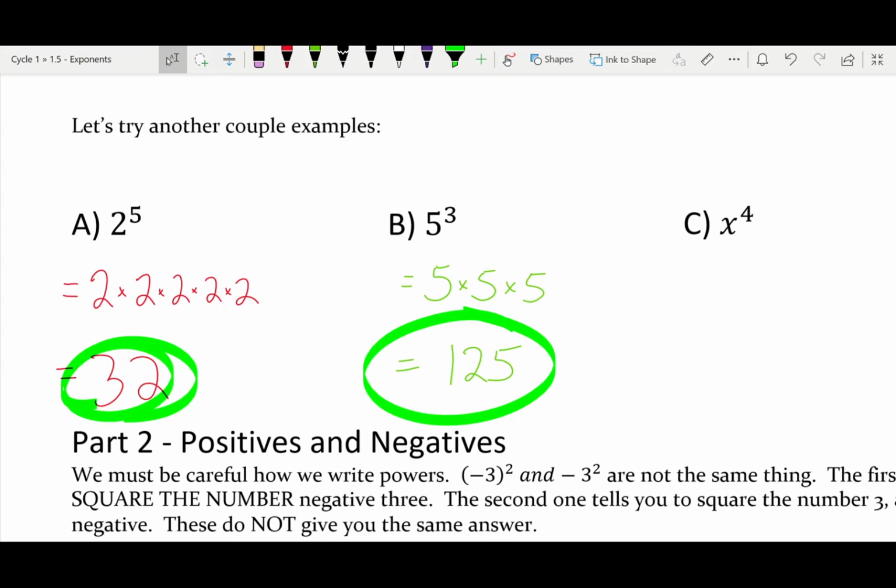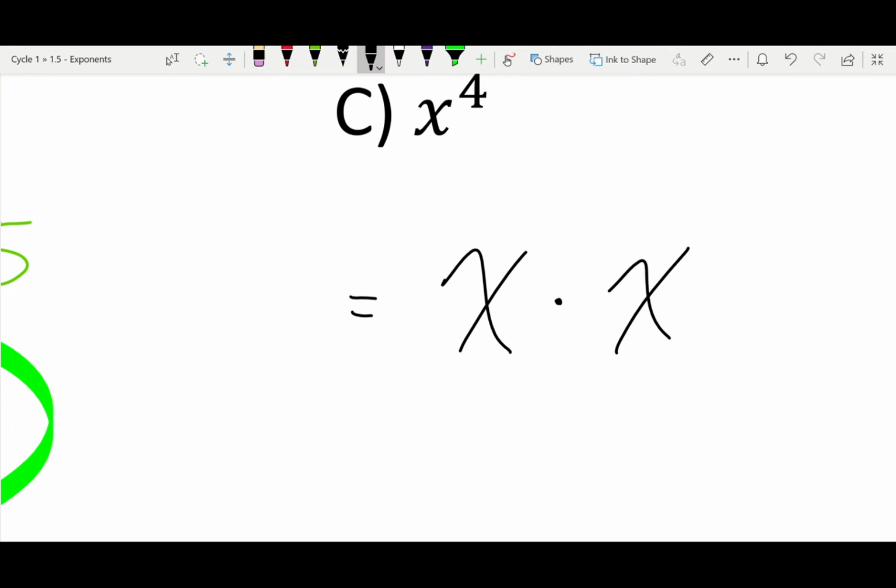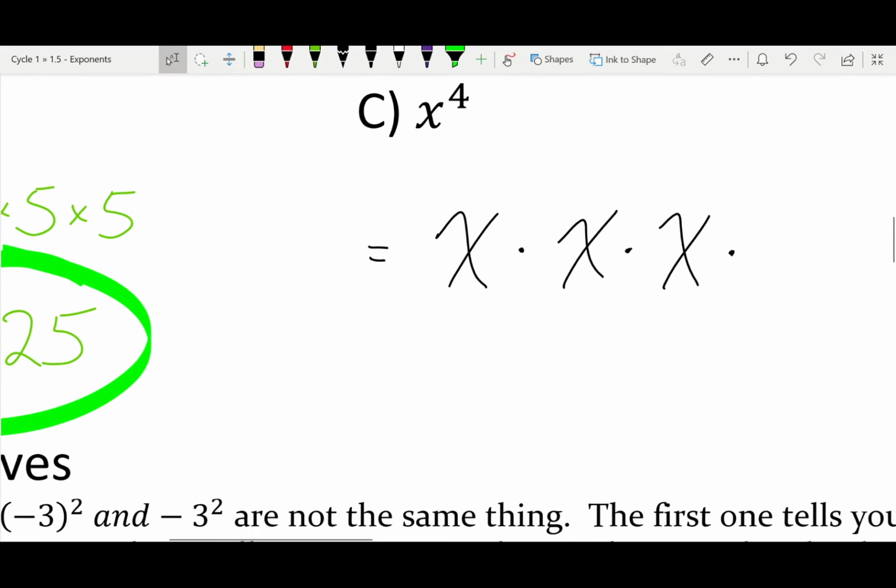What about this one? What's going on there? X to the power 4. That's weird. All that's happening here is just x. When I use letters, sometimes I'll use a little dot. In math, sometimes we do this little dot, and that just means multiply by.